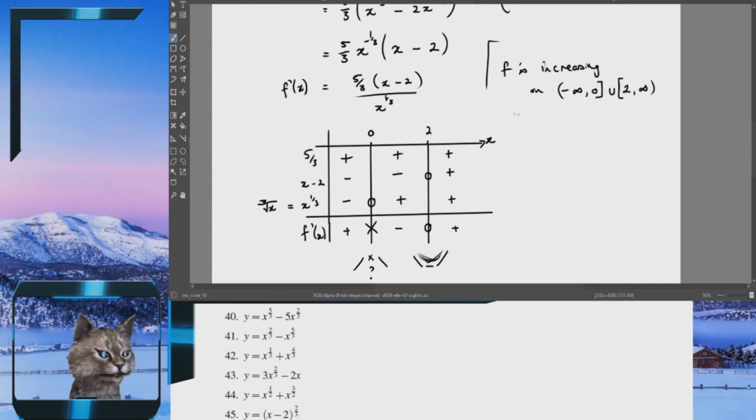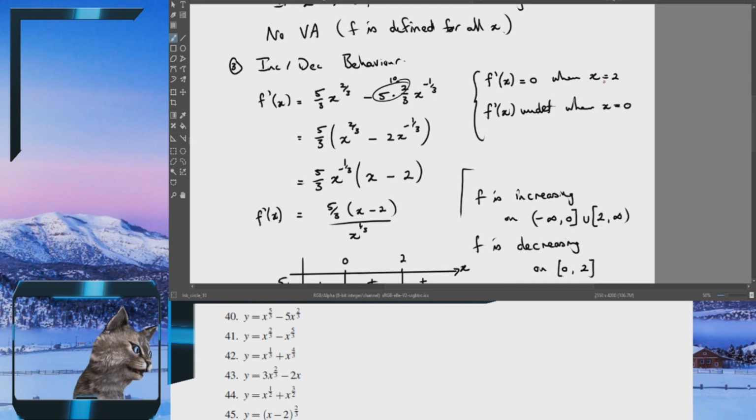Should I include 2? Yes, I should. F is decreasing on 0 to 2. Include them both, because the function is defined everywhere. Just because the derivative is undefined doesn't mean anything. For this sentence, I'm looking at the function.